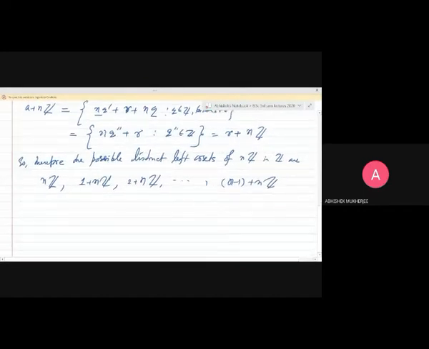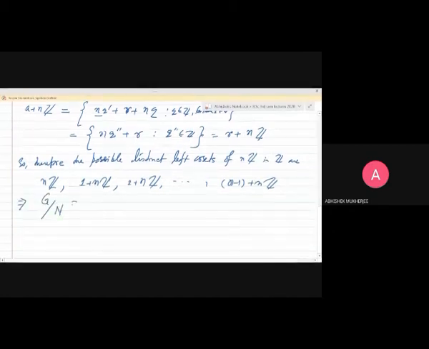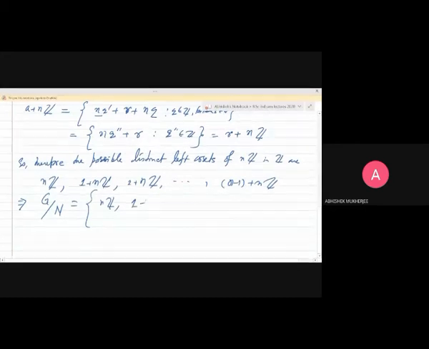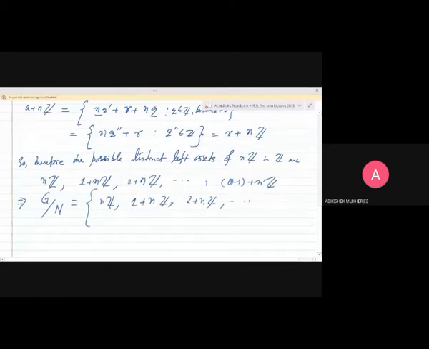Okay. So this implies the factor group Z by nZ is equal to the elements nZ, 1 plus nZ, 2 plus nZ, up to n minus 1 plus nZ, right?